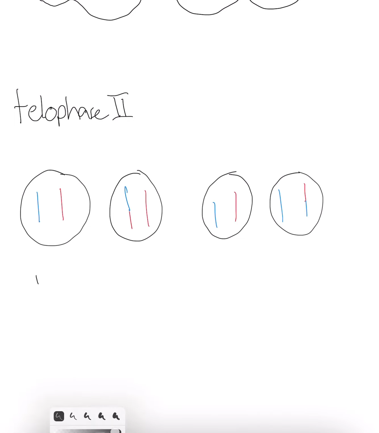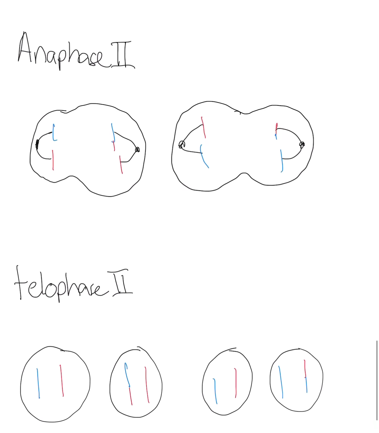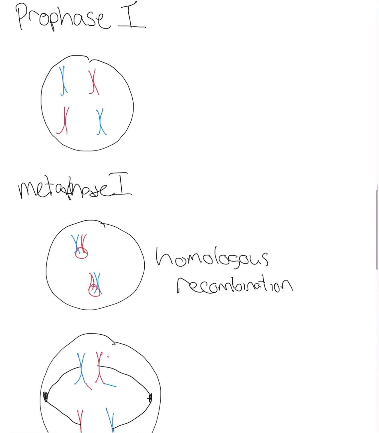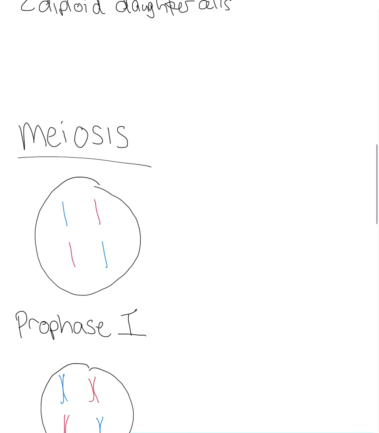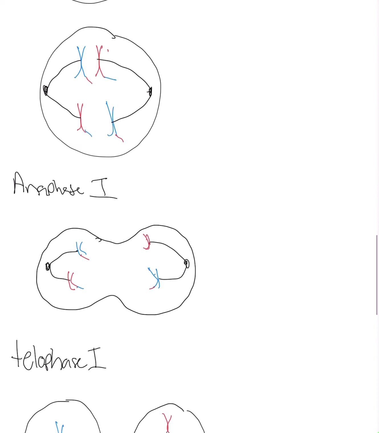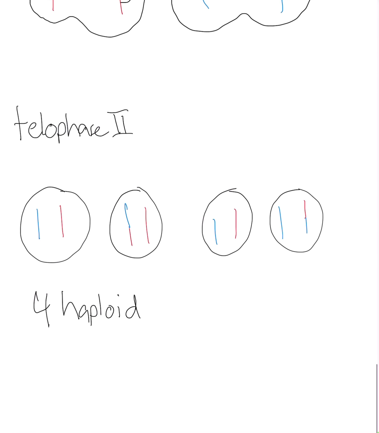So we have 4 haploid because they have half the number of chromosomes we started with. Take a look here. We started with 4 chromosomes, and we're ending with 2 chromosomes. So that would be 1N. So we have 4 haploid daughter cells.